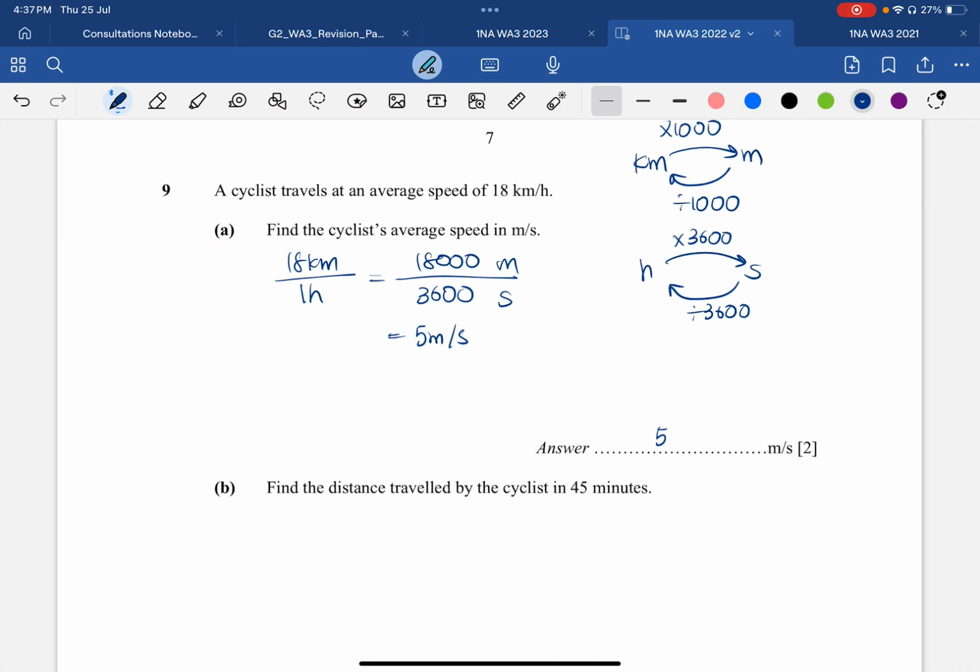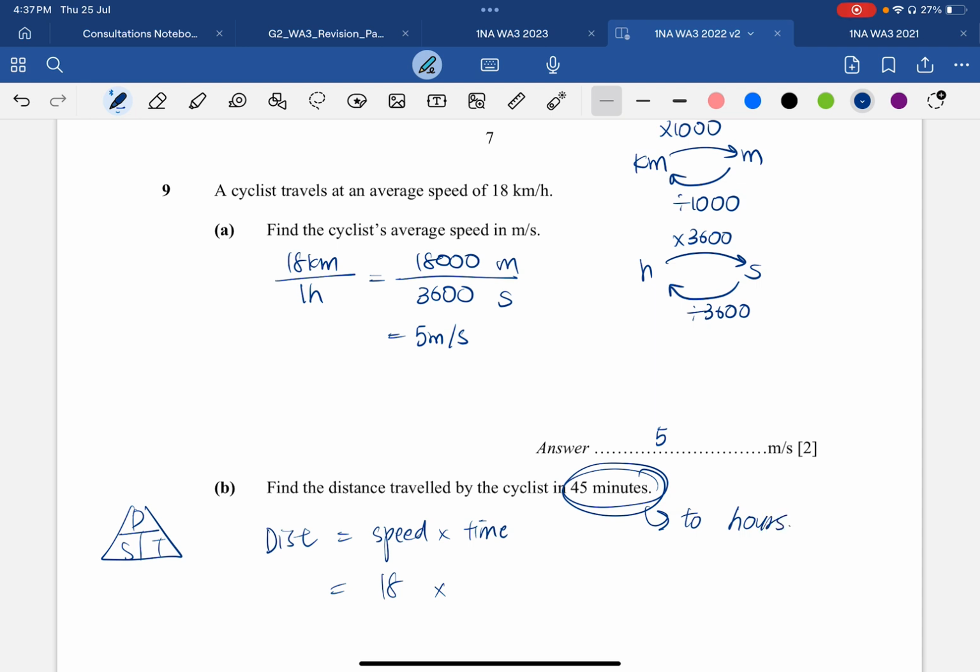Okay, find the distance traveled by the cyclist in 45 minutes. So the formula, using your DST triangle, distance is equal to speed times time. Okay, so the speed here is 18 kilometers per hour and the time is 45 minutes. So you have to convert 45 minutes to hours.